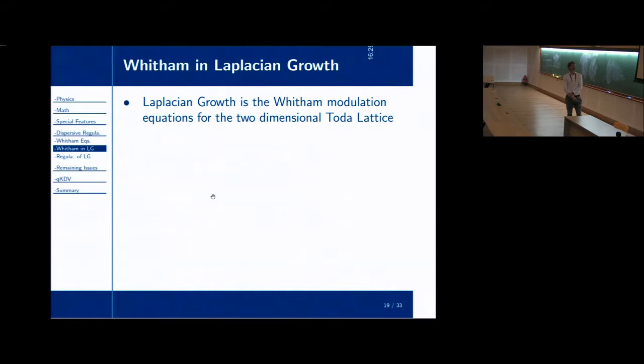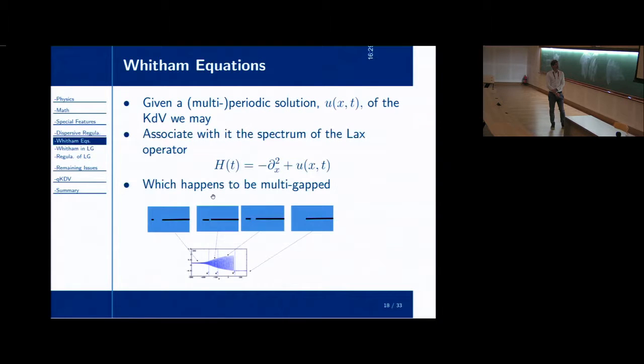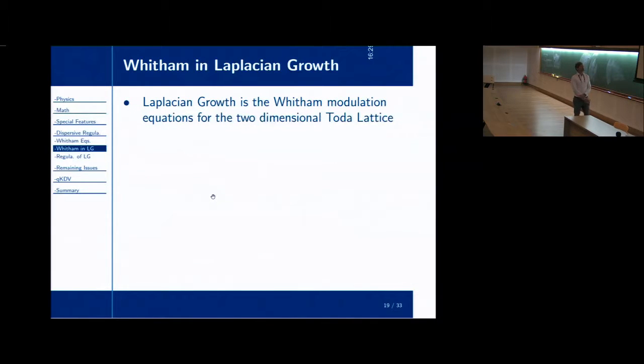They have no singularities in them. The equations for just the modulation of the oscillations, which are the equations for a certain spectrum associated with the Lax operator of the two-dimensional Toda lattice, are the equations of Laplacian growth, which seem to have some sort of a singularity in them.